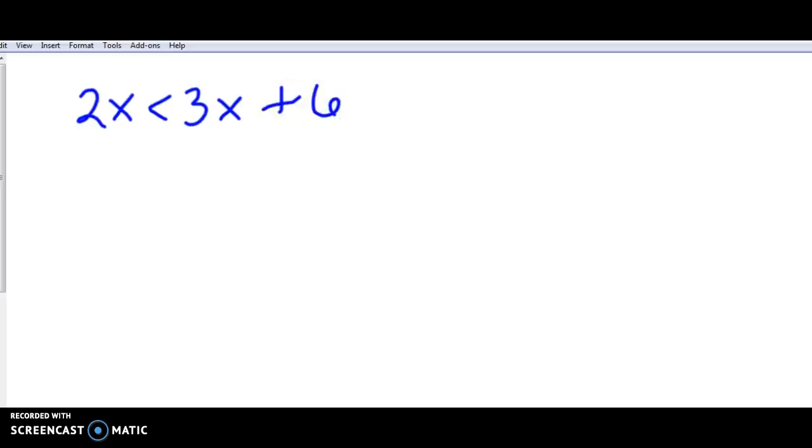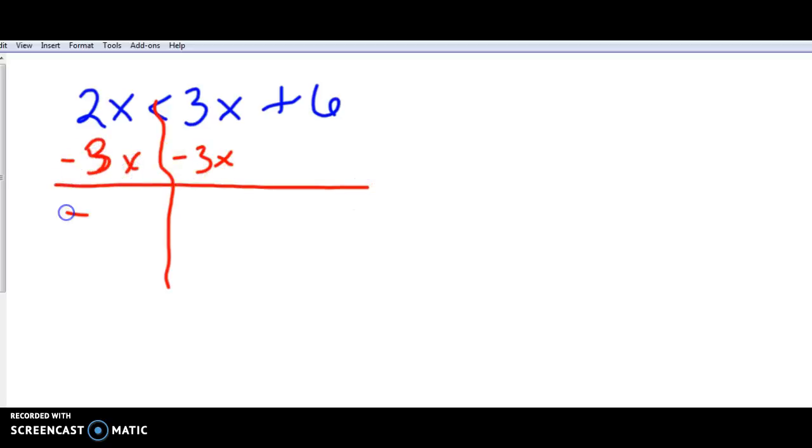If you're going to solve an inequality, you're going to solve it just like you solve an equation. So I'm going to draw my little squiggly line. I'm going to get all my x's on one side, so I get negative x is less than, my 3x's will cancel, 6. And then I need to divide both sides by a negative 1.